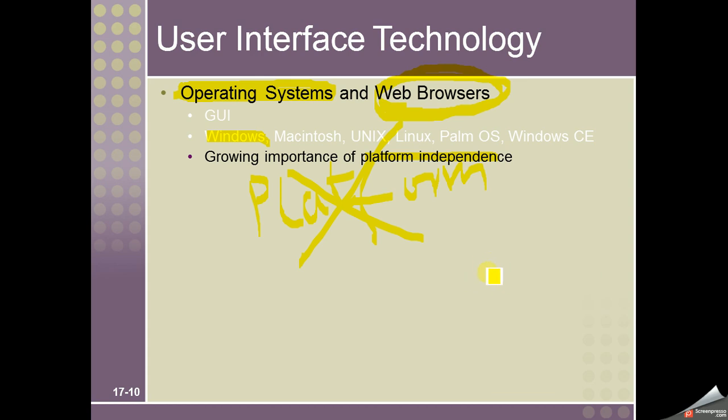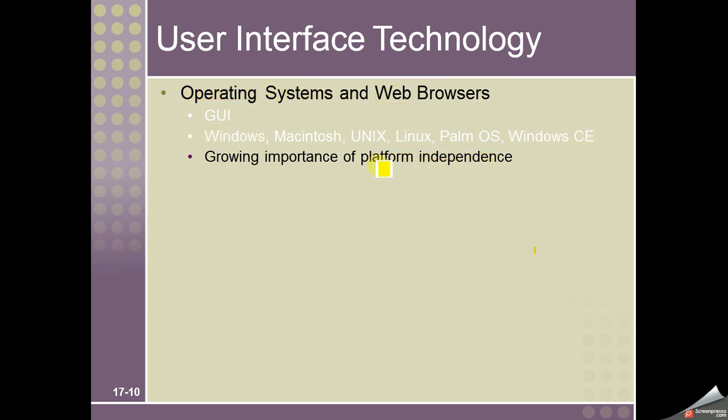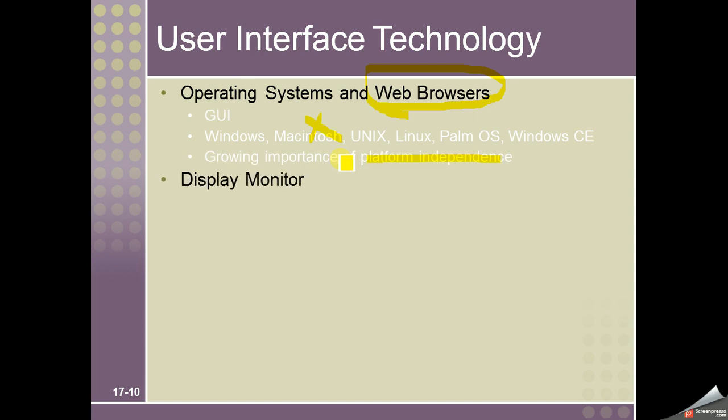It translates the user interface for the different users, and we have an application server which will serve the applications to the users through the web browser, right? So because of the growing importance of platform independent systems, the only important thing is the web browser. We need to consider browser compatibility whenever we design the system. The platform is not an issue nowadays in designing the system.